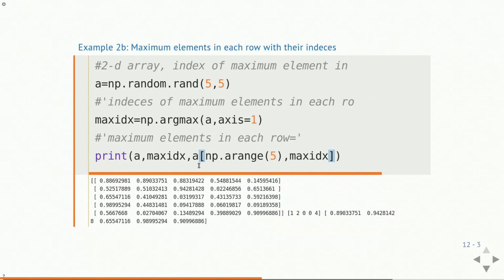This syntax is responsible for extracting the maximum elements from each row. The first sequence is being used to generate all the row numbers, and they are paired with each column index to find the maximum element in each row.